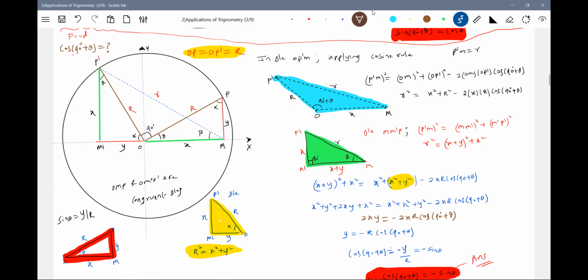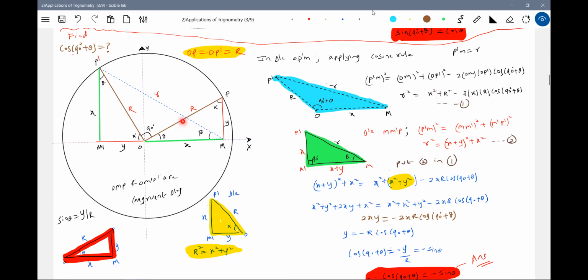Now, shall we substitute this r square value in the above equation? This is equation 1, equation 2. I'm going to put equation 2 in equation 1. Then x plus y whole square plus x square. What is r square?